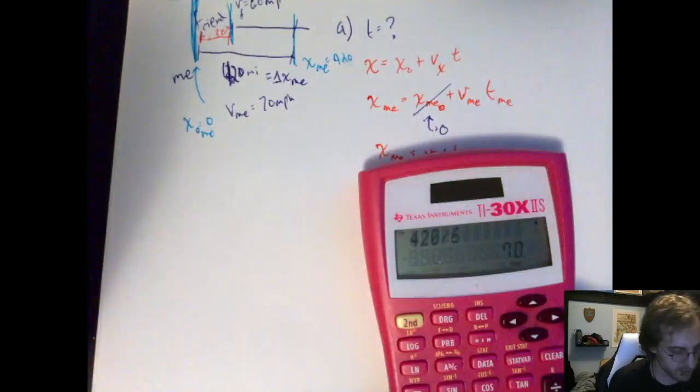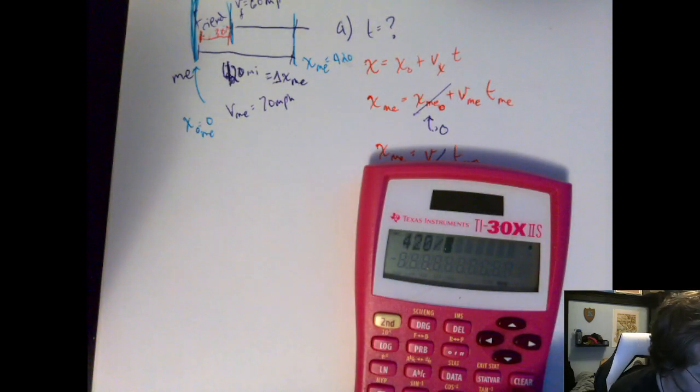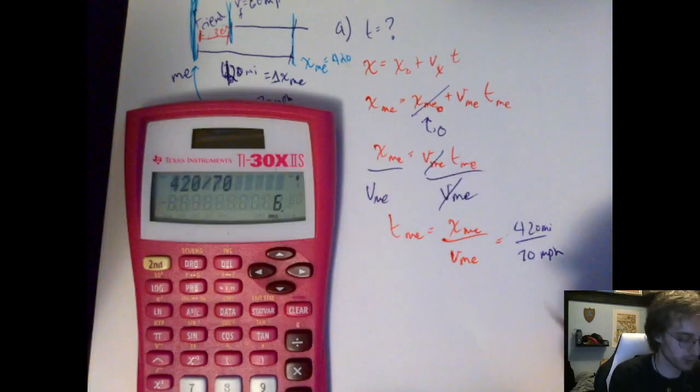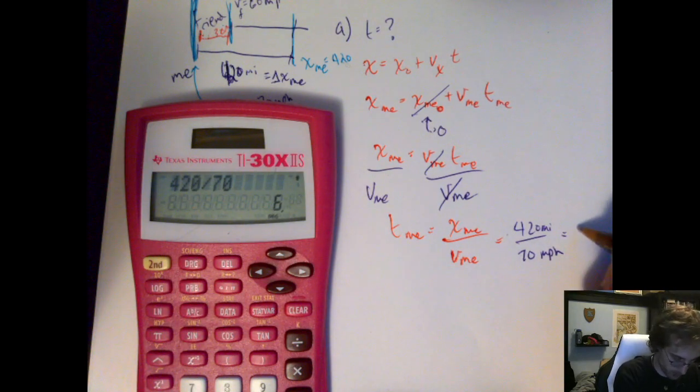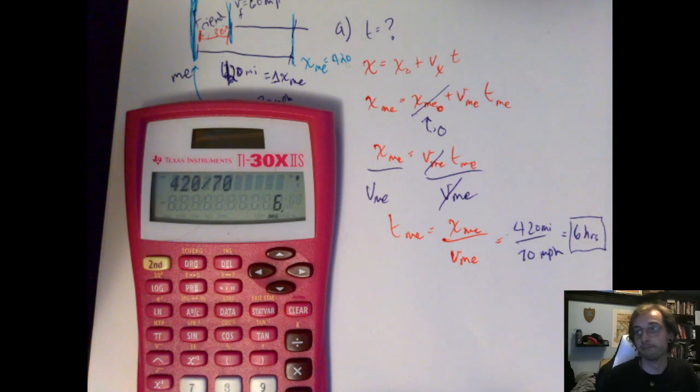I divided by 60 for some reason. It's going to be 6. So it takes us 6 hours to get there. And that's it for A.